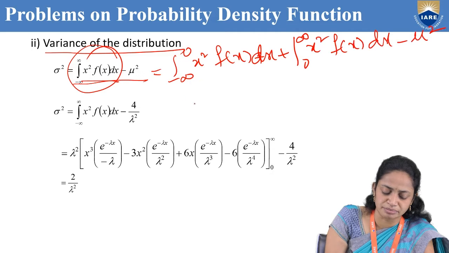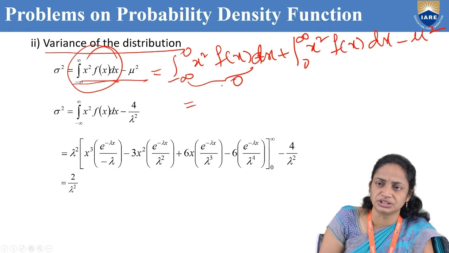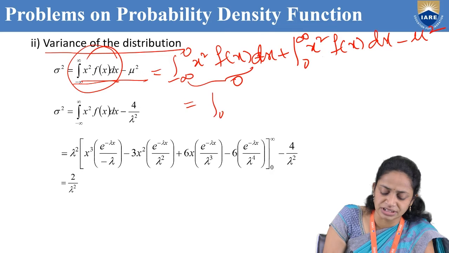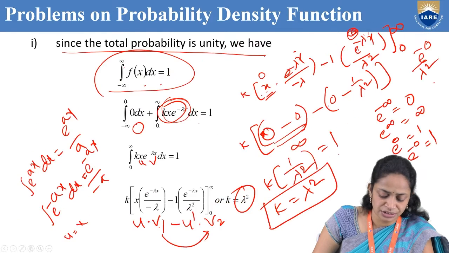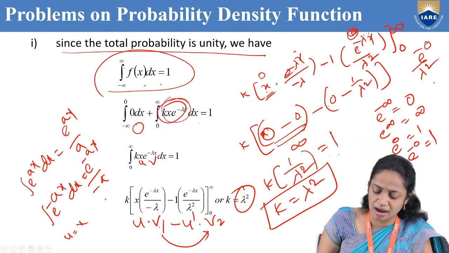In the case of minus infinity to 0, the function will be 0, so only the second case exists. That is x square. So what is f of x? Here f of x is k into x e power minus lambda x.